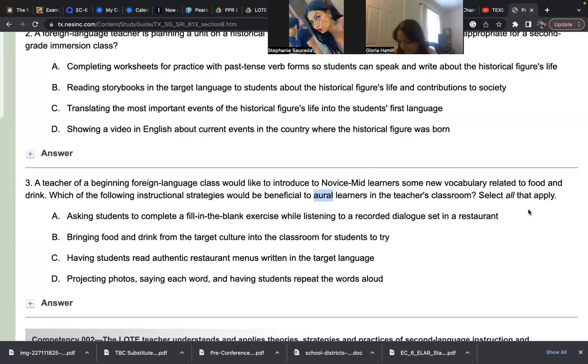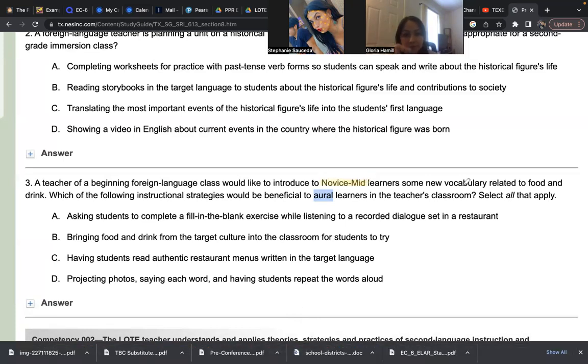What keywords and phrases? What does she want to do? What's her goal here? She wants to introduce to novice. Novice to me means they're not advanced, so they're not going to do very hard stuff.